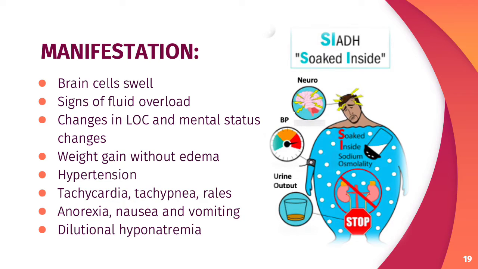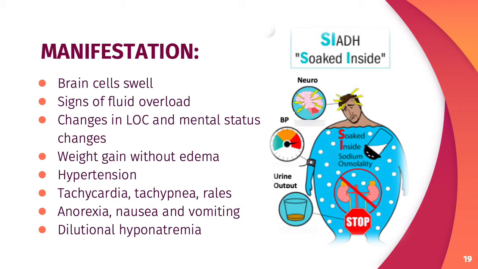Now, there's also weight gain without edema. Weight gain without edema is because of the retention of fluid. Usually, edema is not manifested because water is distributed between the intracellular and extracellular spaces.